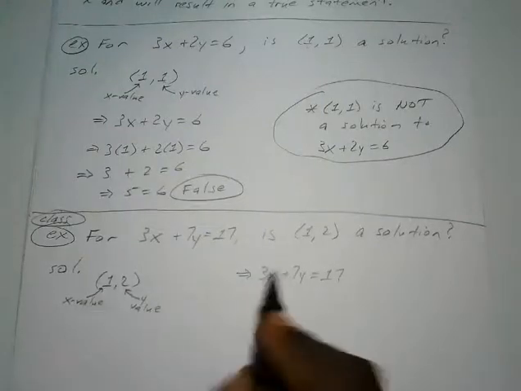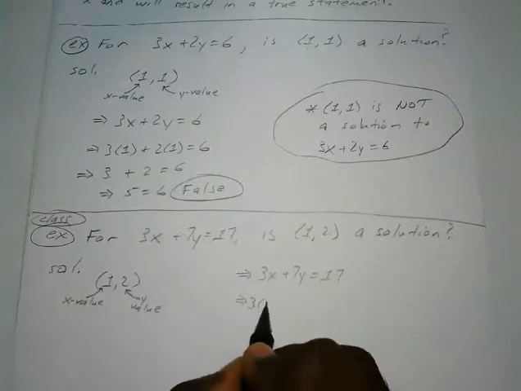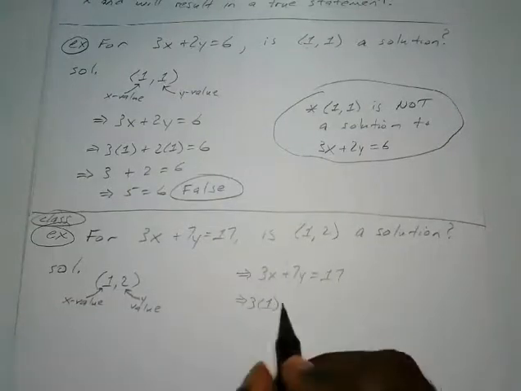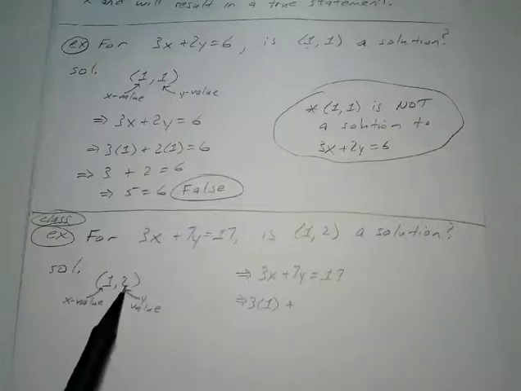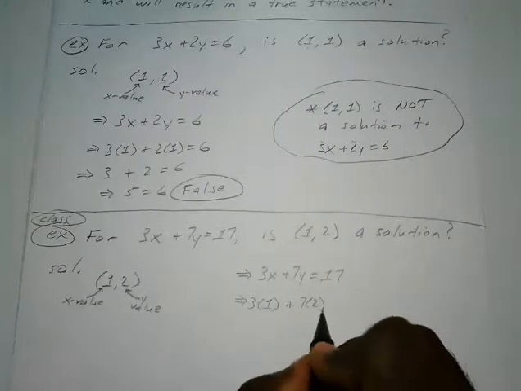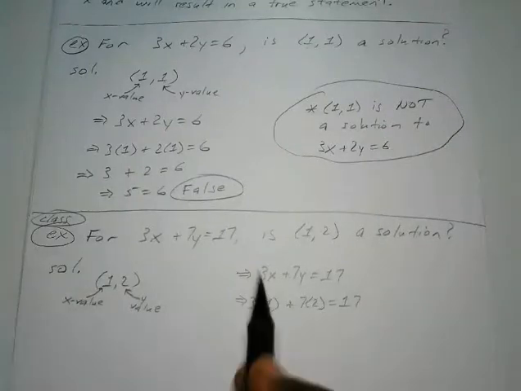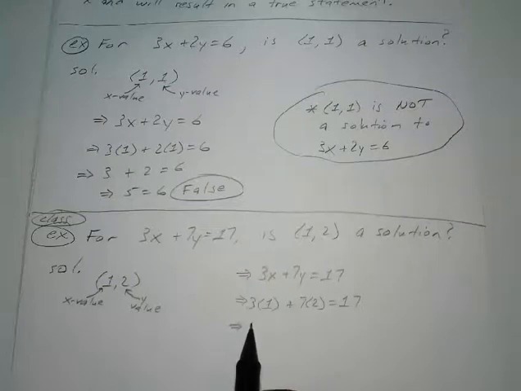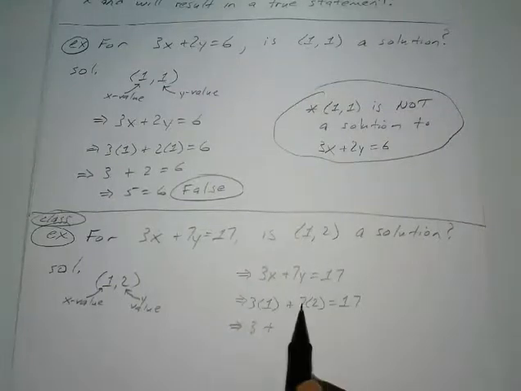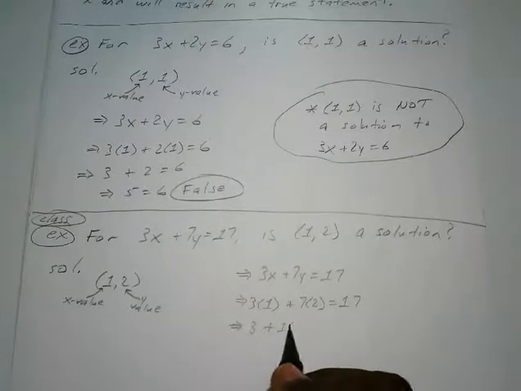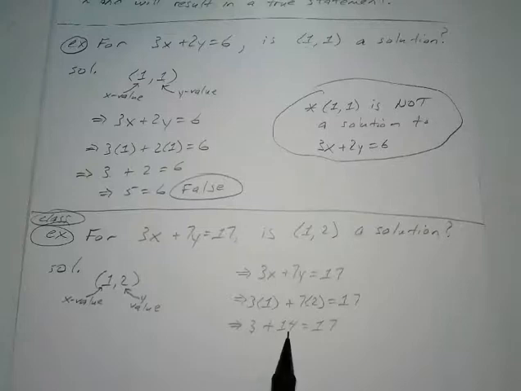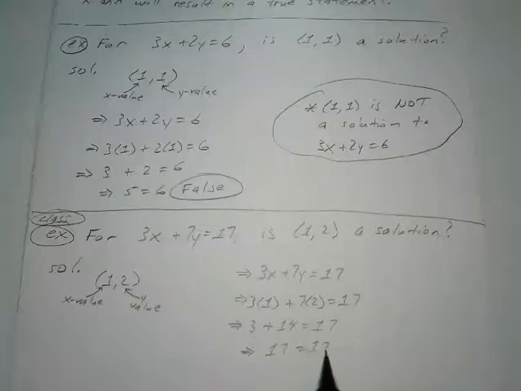Okay, so we replace x with 1, so that gives us 3 times 1, plus replace y with 2, so 7 times 2 equals 17. Okay, so we know here 3 times 1 is 3, plus 7 times 2 is 14, equals 17. So 14 plus 3 is 17, so on the left we have 17, and on the right we have 17, which is true.